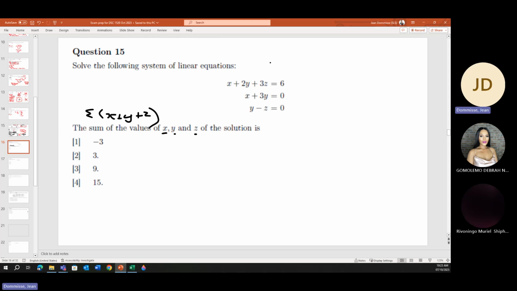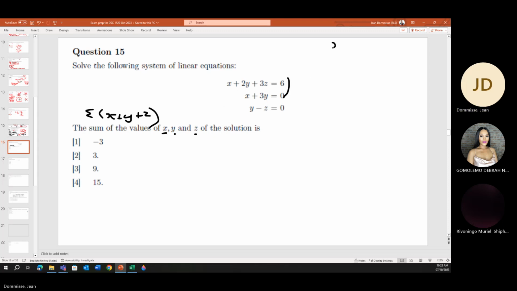Okay, so when I look at this, we're sitting here with an x, a y and a z. So what I would probably have done is to say, okay, let's work with those first two. Let's see if something comes out.